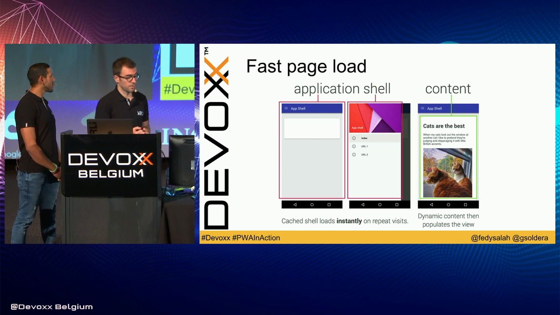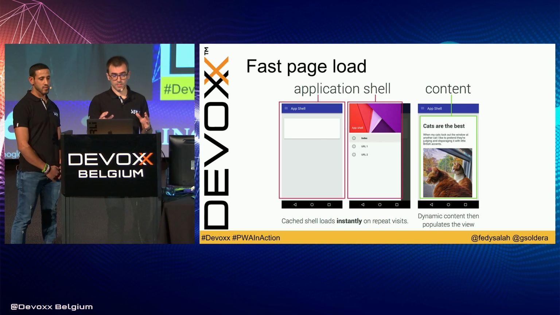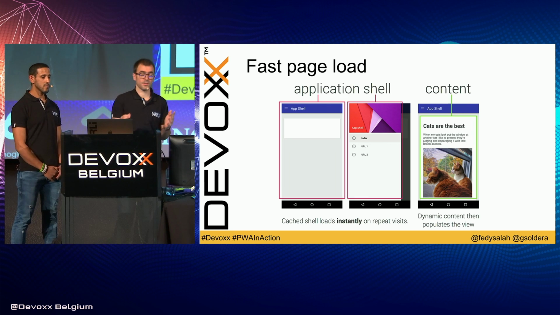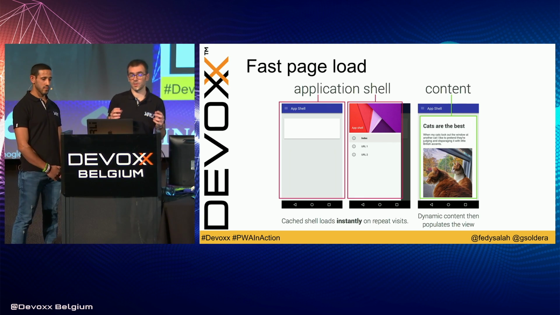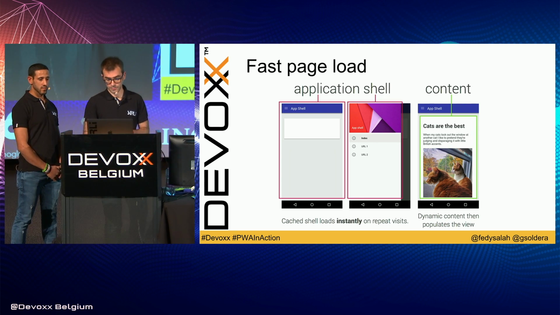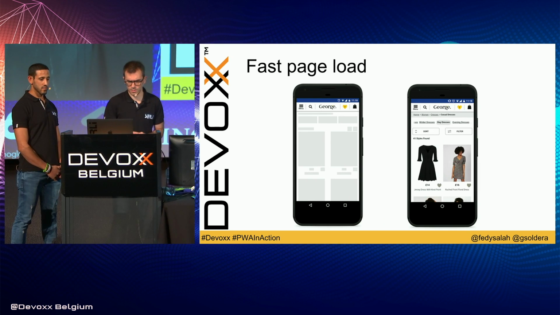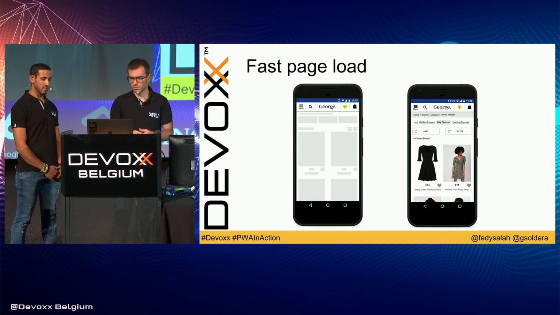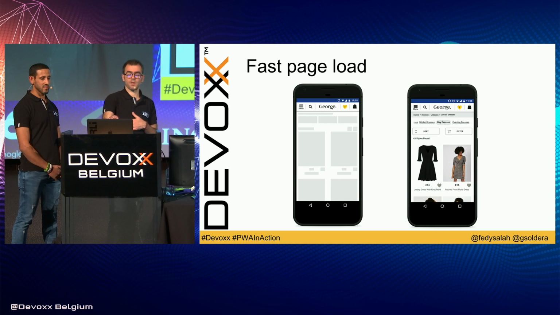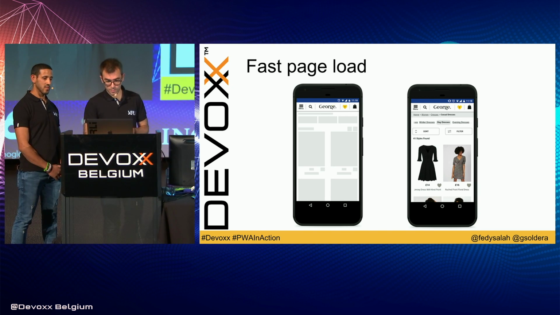It means that on the screen you have many blocks. You have the header, you have the menu, and when the dynamic content is loaded, this content comes into the blocks. In the real application, here it's george.com or .uk, you can see the different blocks where, when the data are loaded, the picture comes into the block.